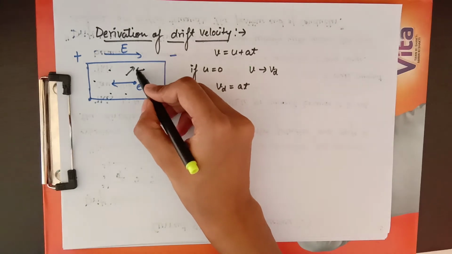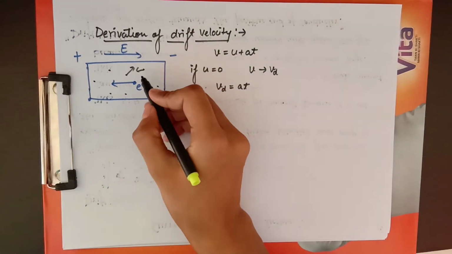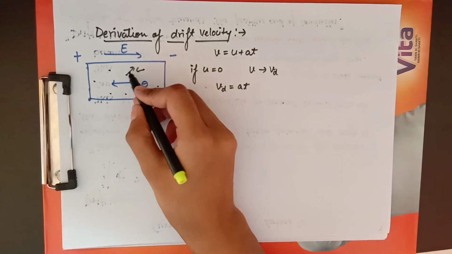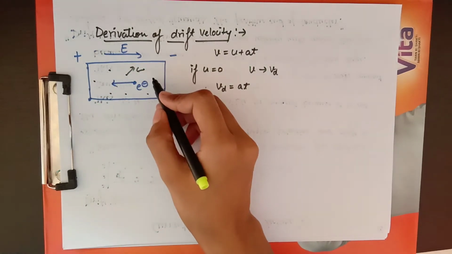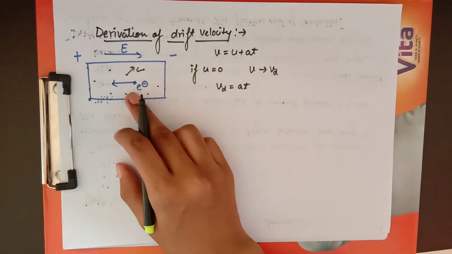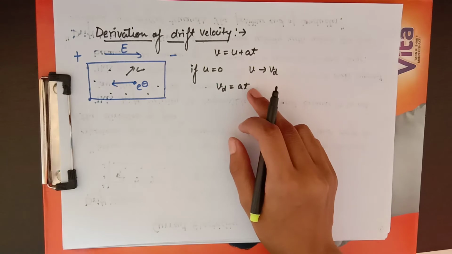They move and collide with each other. When this electron collides with this electron, after that it collides with another electron. So the time between two consecutive collisions is called your relaxation time.